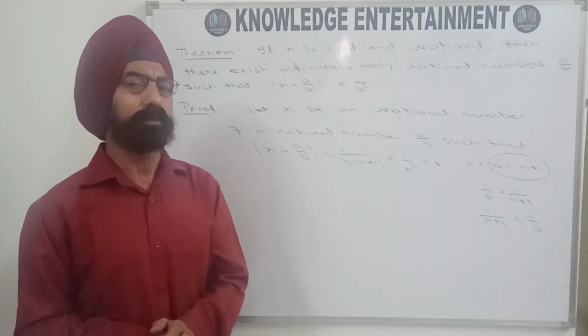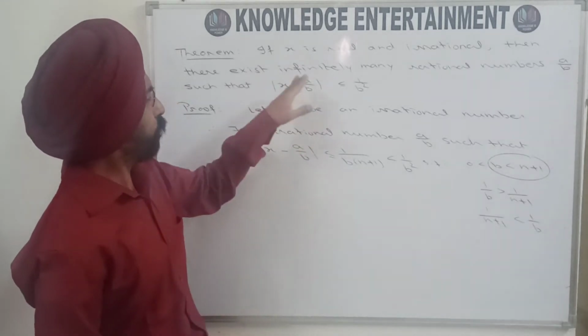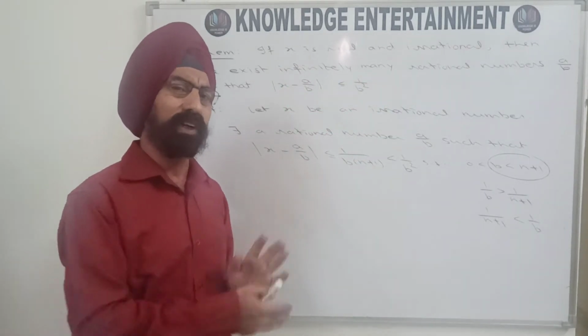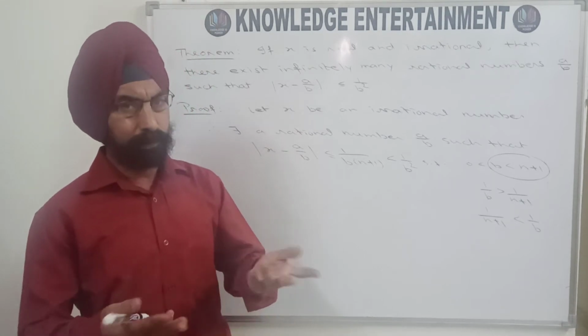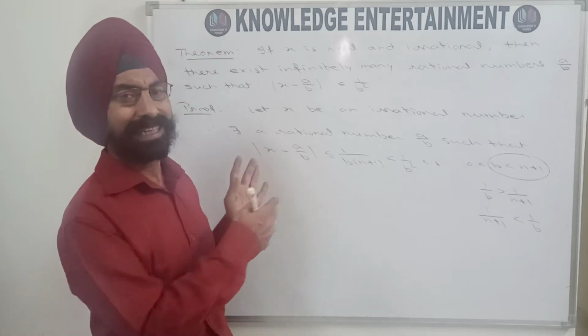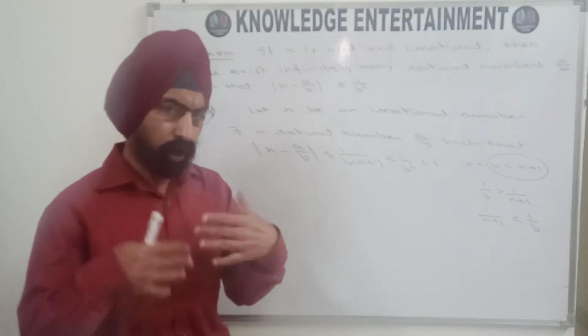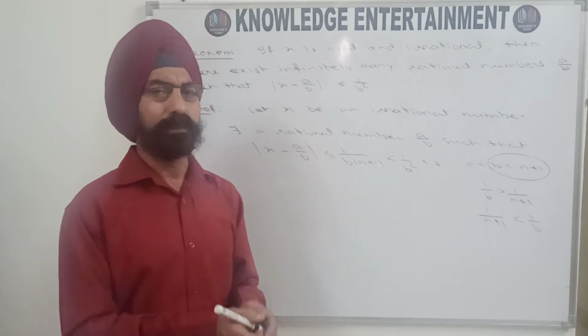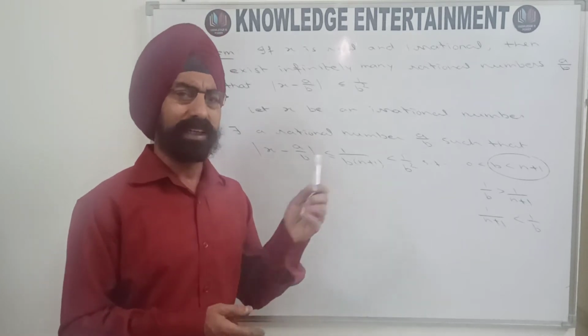But that is not the theorem complete. Actually, we want to show that there are infinitely many such rational numbers. Here we have just found one. It may be finite, may be infinite. We have to show that such rational numbers are infinitely many. On the contrary, we suppose that there are only finitely many a upon b satisfying this inequality.